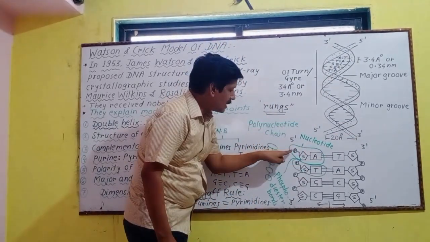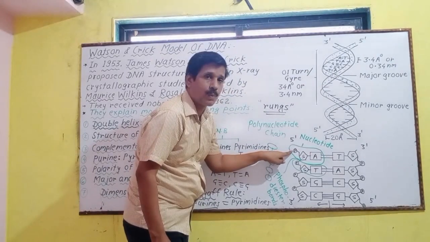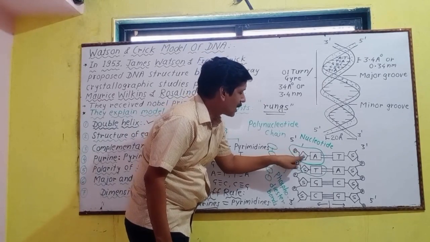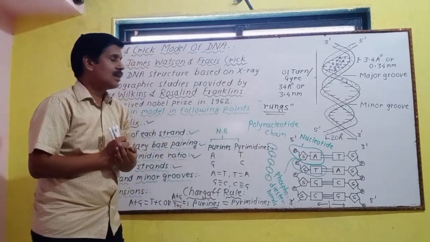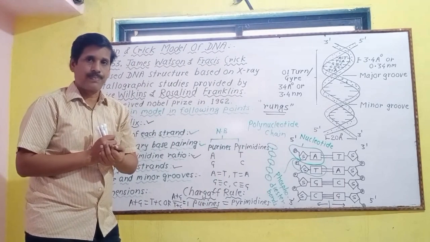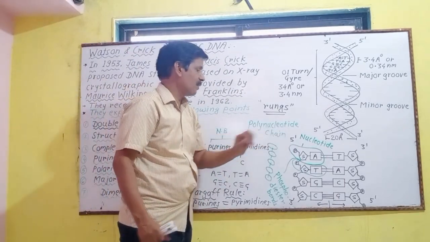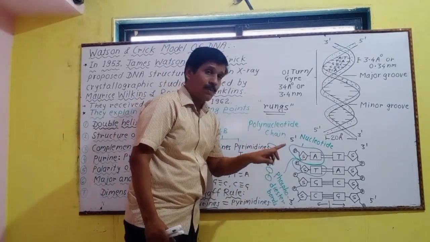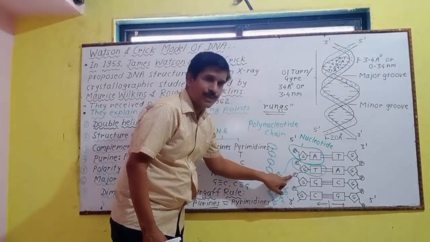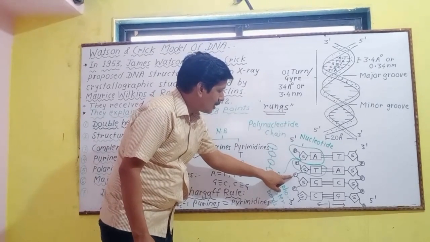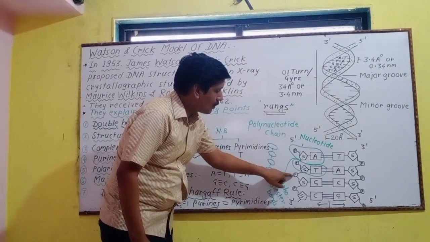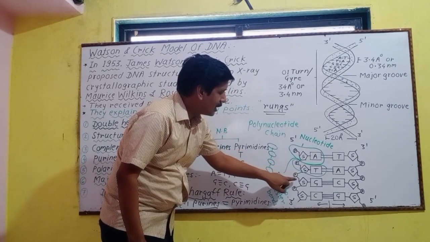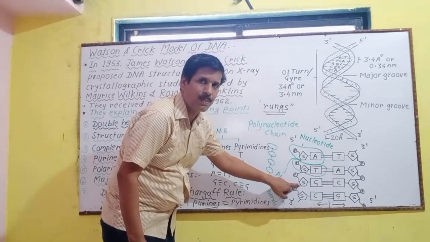Regarding the attachment of the phosphate group, mind it well that here the phosphate group is attached to the 5th carbon atom of the deoxyribose sugar, so it is the 5'. And if we see the attachment of any middle phosphate group, each phosphate group is attached to one deoxyribose sugar at carbon atom number 3, while to the other adjacent deoxyribose sugar at carbon atom number 5.